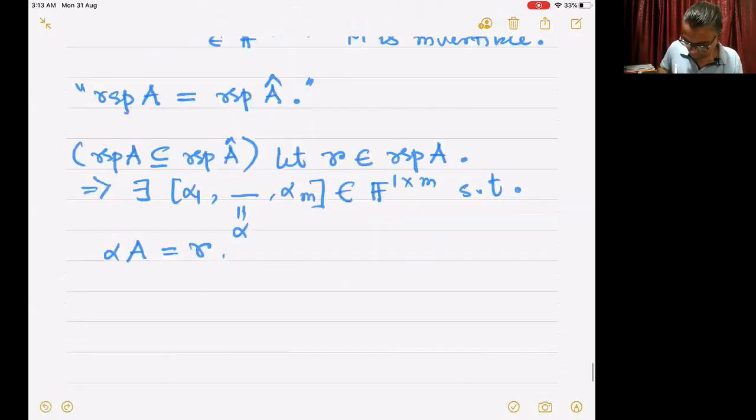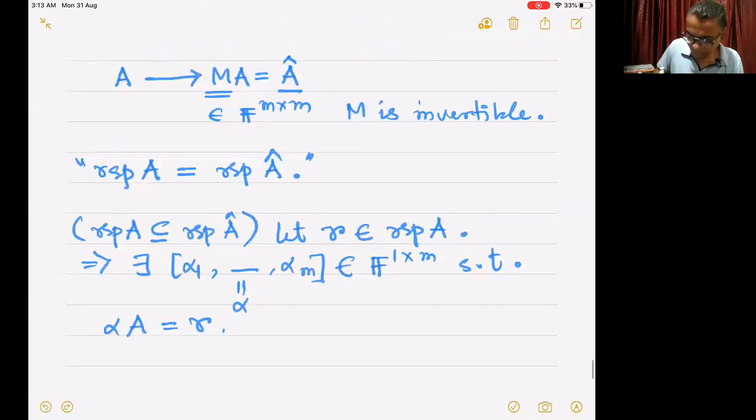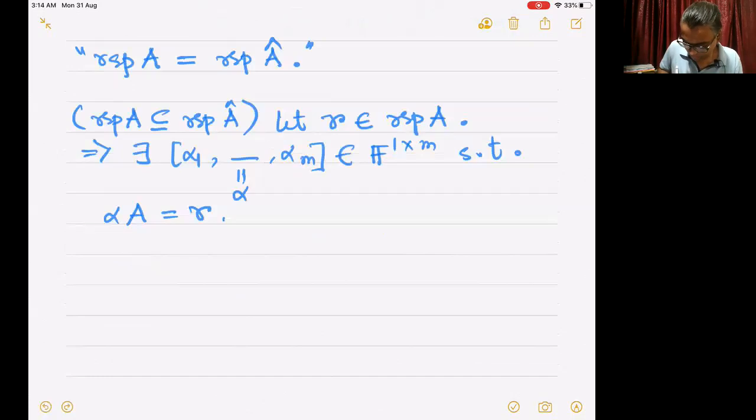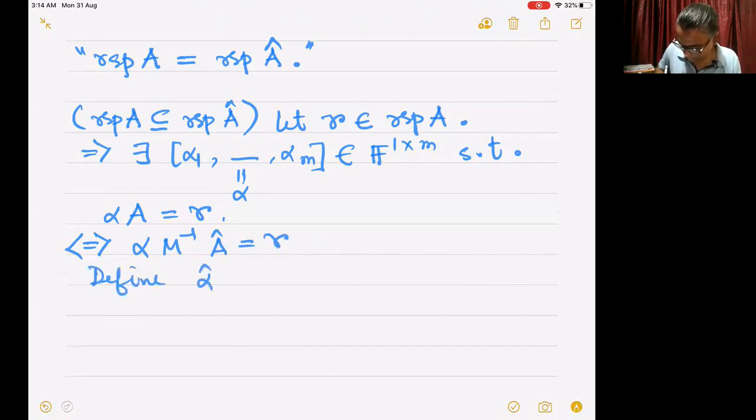Now note that A hat is equal to M times A, which means A must be equal to M inverse A hat. So this is equivalent to alpha M inverse A hat must also be equal to R. But then define alpha hat as alpha M inverse.